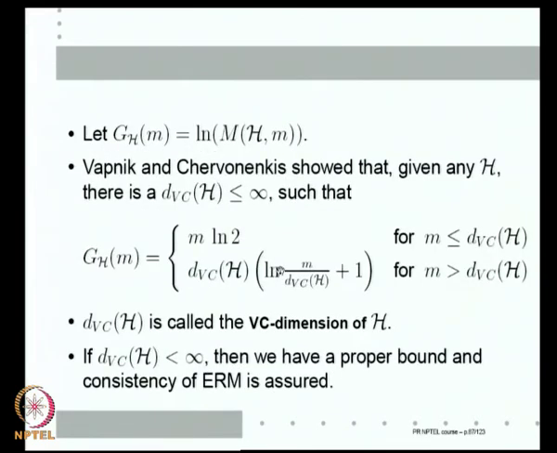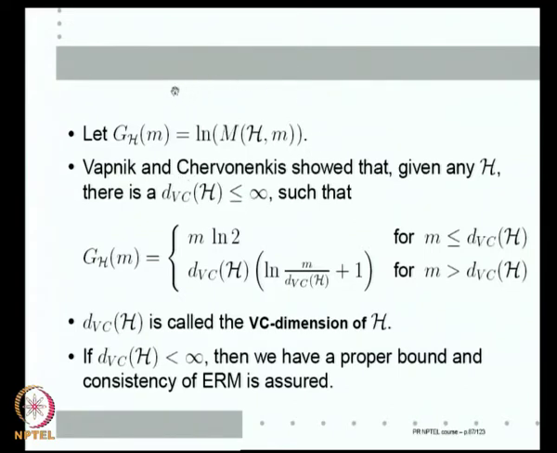Why should there be such a number? Because these guys have shown that this is the only possible way this function behaves, the maximum number of distinguishable functions from a family of classifiers based on m samples.